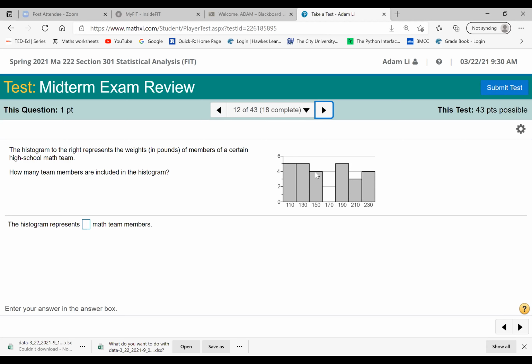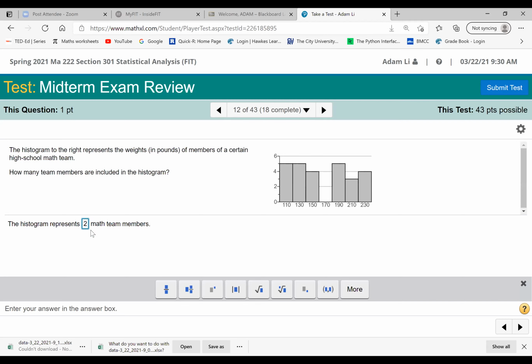No, actually it's 5, 5, 4, and then 5 again, and then 3, and the last one is also 4. So basically you add all these frequencies. So 5 plus 5, adding 4, adding another 5, adding 3, and then adding 4 again. That turned out to be 26. So that means there should be 26 math team members. So just sum up all these frequencies, right?